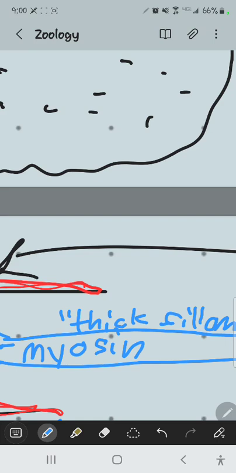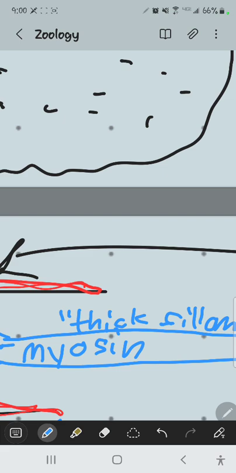So the muscle contraction action is the myosin heads crawling down or pulling on the actin filaments. I think of it like tug of war. If you ever think of tug of war, you have a rope and you're holding onto the rope and your friend's holding onto the rope, and then you try to use your hands to crawl up the rope. That's how the myosin and the actin interact.